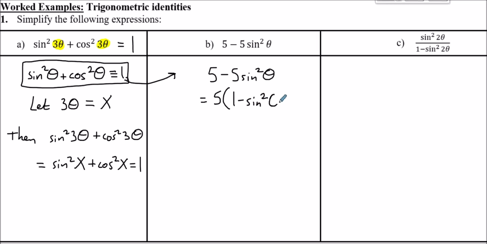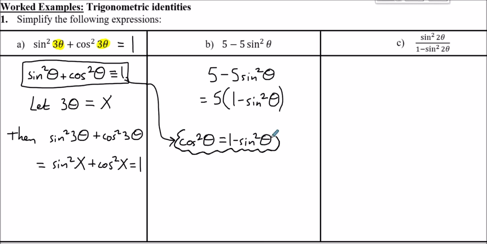sin squared θ. Now I did say from before that this identity will help us for part B, so I'm just going to give myself a bit more space here. And if I bring this down, if I rearrange what's in this box in terms of 1 minus sin squared θ, I could just subtract sin squared θ from both sides and arrive at cos squared θ must equal 1 minus sin squared θ.